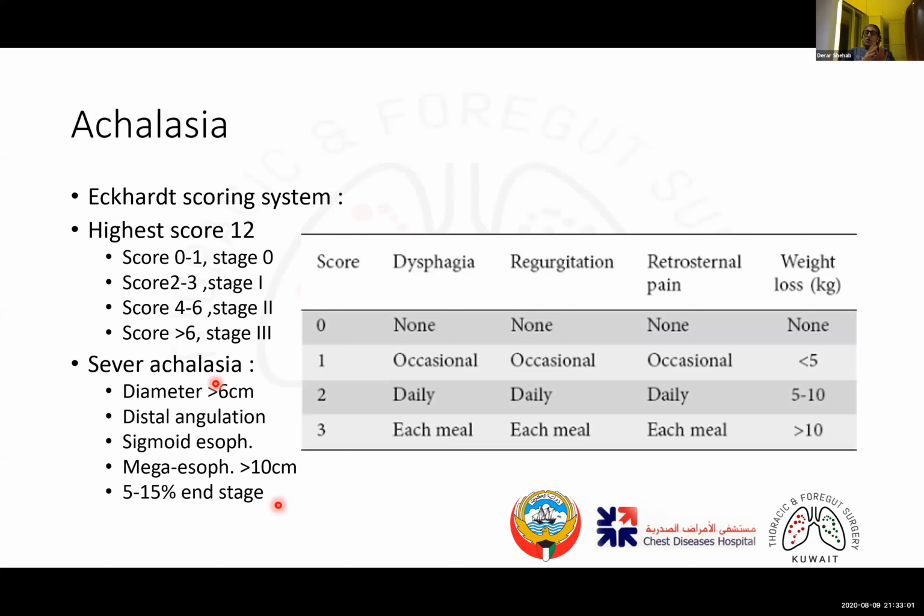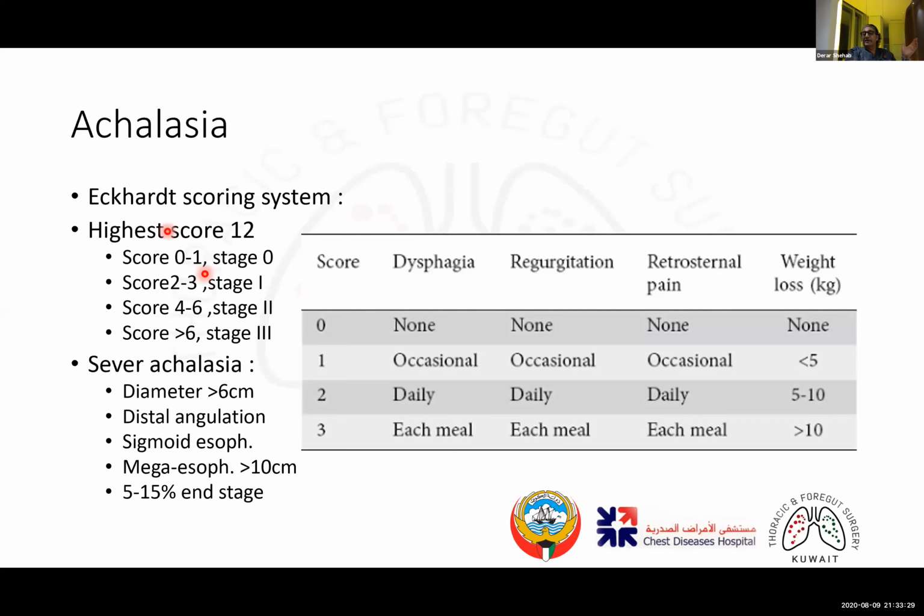Based on the symptoms, there is a scoring system called the Eckardt scoring system. They score whether the patient has dysphagia, regurgitation, chest pain, or weight loss. A score of 0 or 1 is very mild disease, but if the score is more than 6, that means stage 3 disease or severe achalasia.